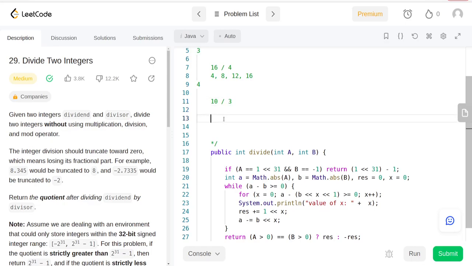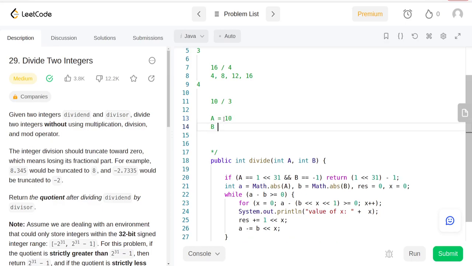I am multiplying whatever the divisor is. So in this example, let's say A, which is the dividend, is 10, and B, which is the divisor, is 3. Every single time you multiply B by 2 until the answer becomes more than A, which is 10. So 3 multiplied by 2 is 6, multiplied by 2 is 12, multiplied by 2 is 24.